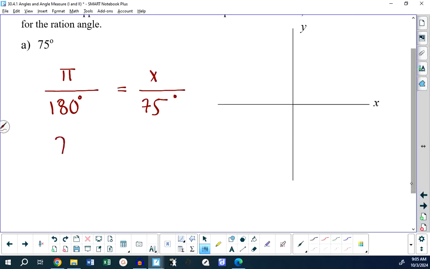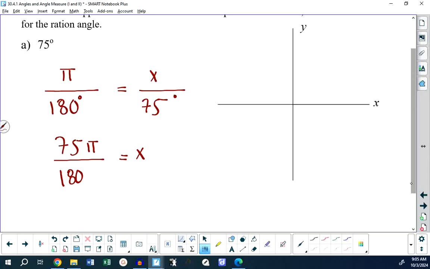I cross multiply, I get 75 pi over 180. I don't want to throw this number into my calculator because I want an exact value, and pi is an irrational number. But what I can do is simplify 75 over 180.